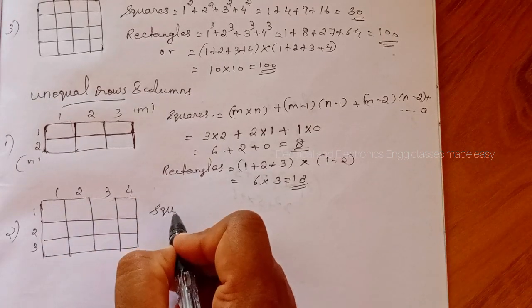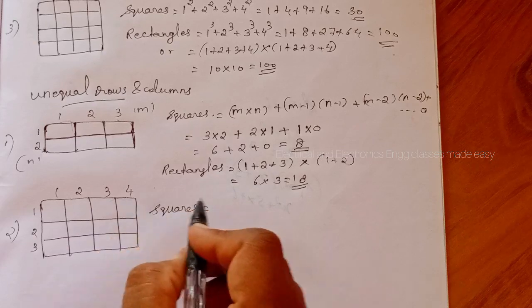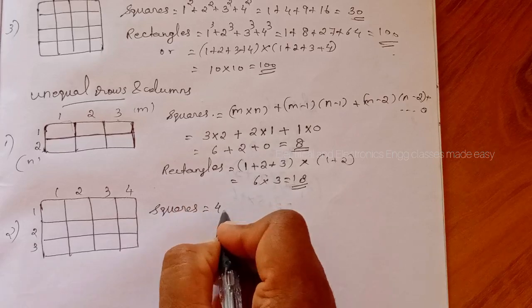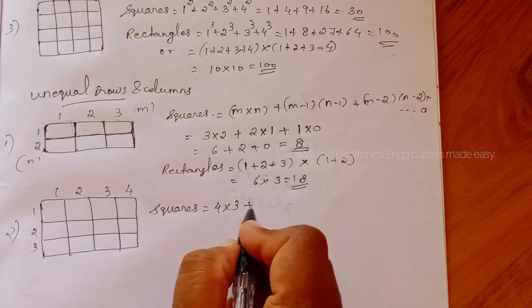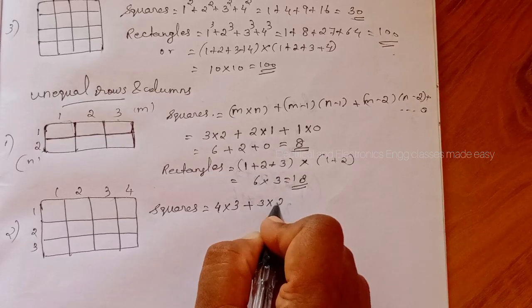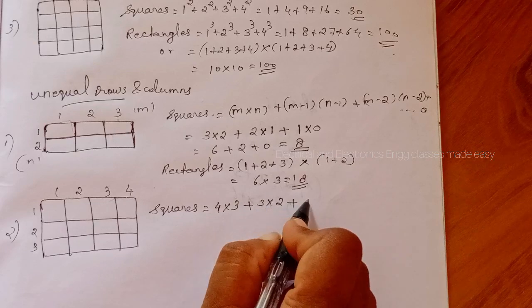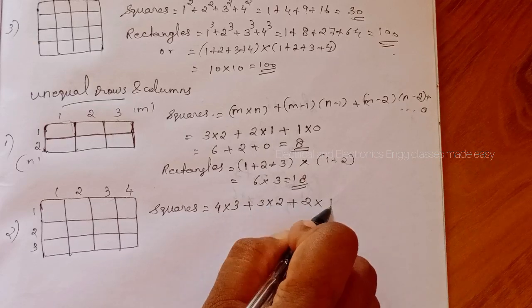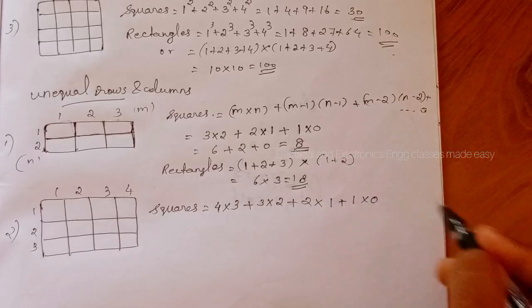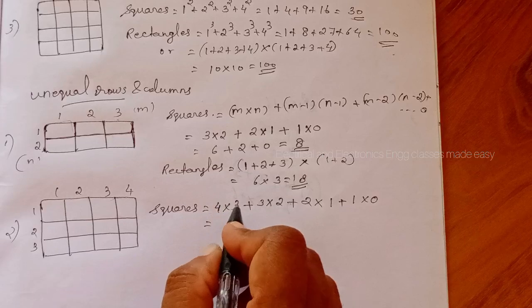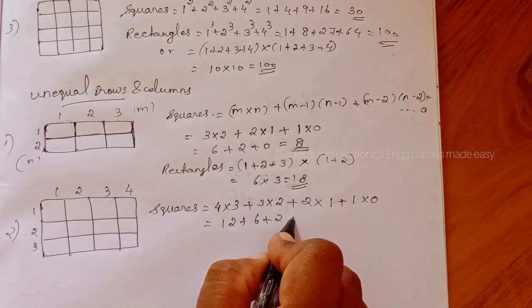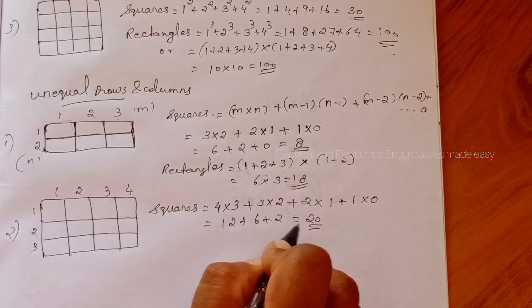Then the number of squares is equal to, here 4 and 3 are the columns and rows, so 4 into 3 plus 4 minus 1, that is 3, into 3 minus 1, that is 2, plus 3 minus 1, 2, into 2 minus 1, 1, then plus 2 minus 1, 1, into 0. So here we will get 12 plus 6 plus 2 plus 0, and that is equal to 20.